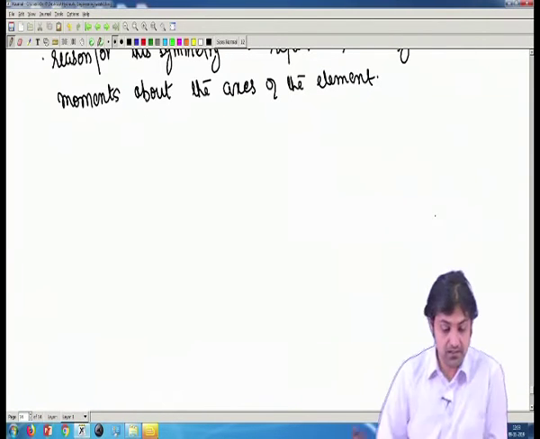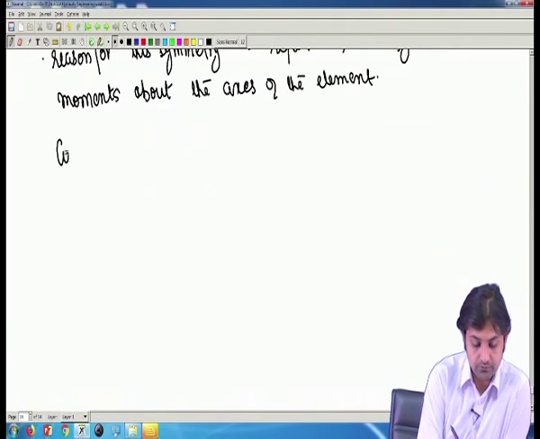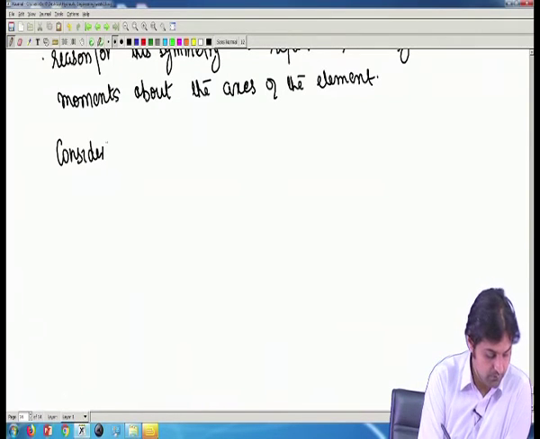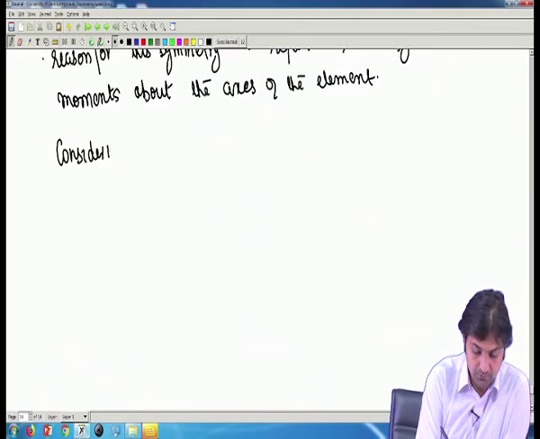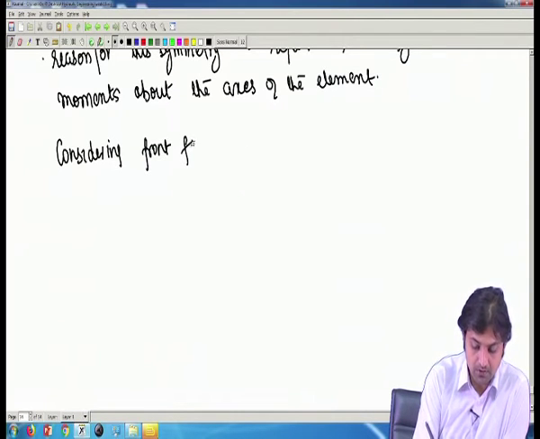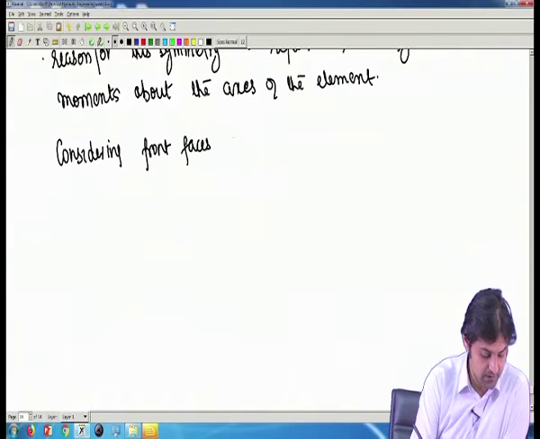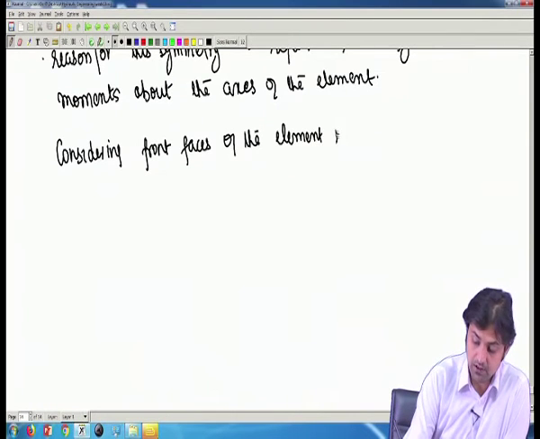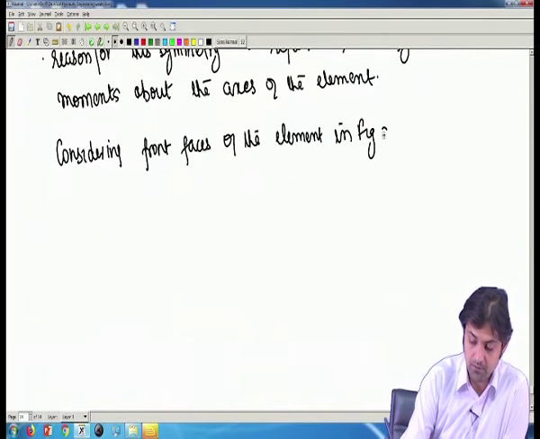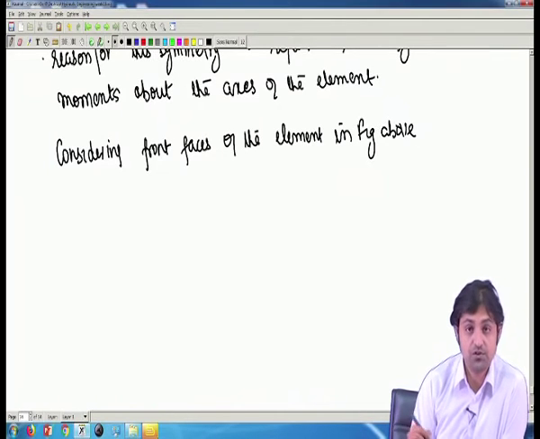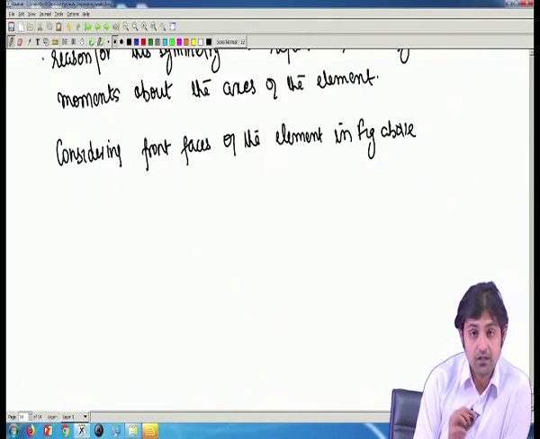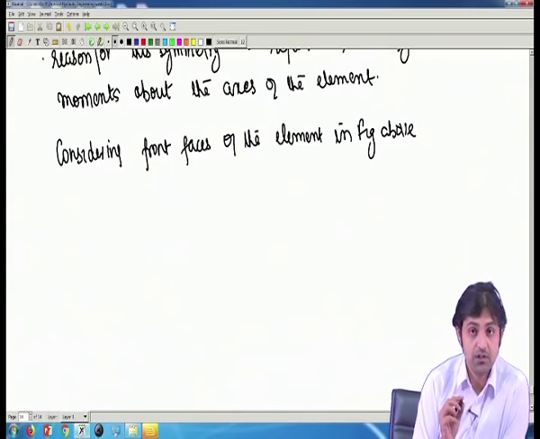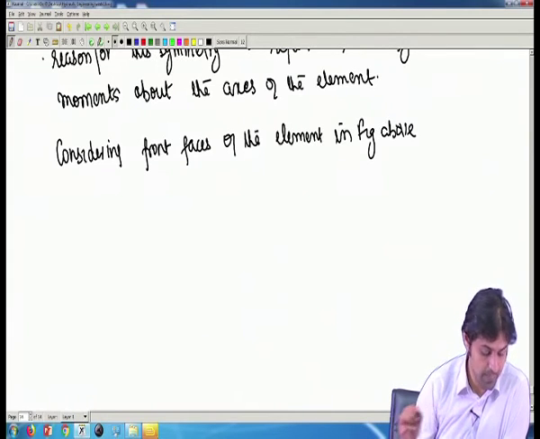So let us consider the front faces of the element in the figure above. Actually we wrote those stresses in the front faces itself.